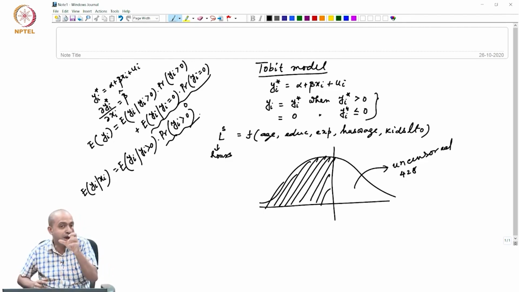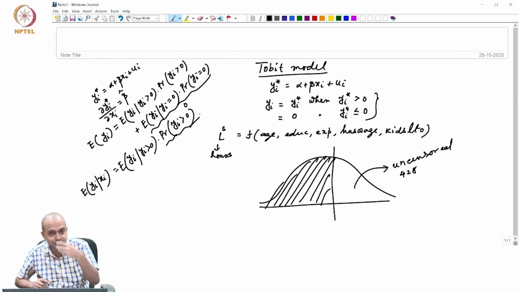First of all, the married women should participate in the labor market, then only we can observe their labor supply, and then only we can get those coefficients as marginal effects. Because of this second component, which is also multiplied with this expectation, we cannot take the coefficients after Tobit estimation as marginal effects.